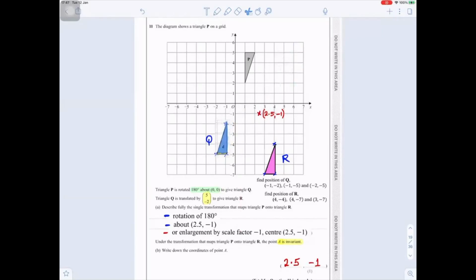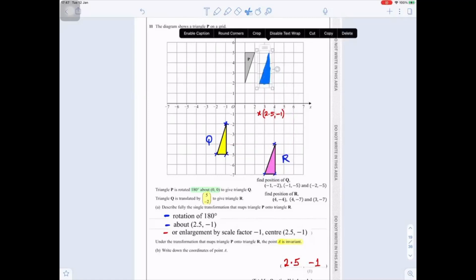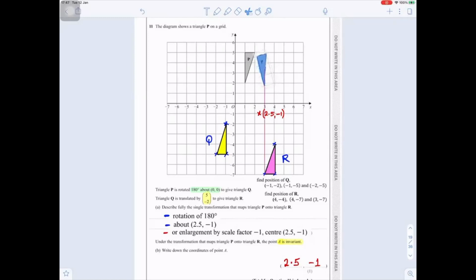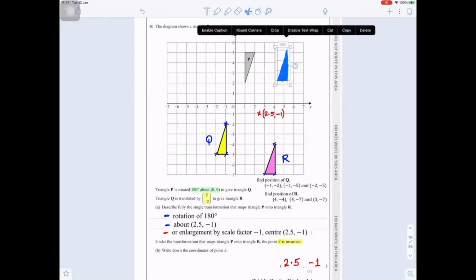But when it was up here before, you rotate it clockwise, and that is where it would fall, because the center of rotation was 0, 0. So that is how you do that question.